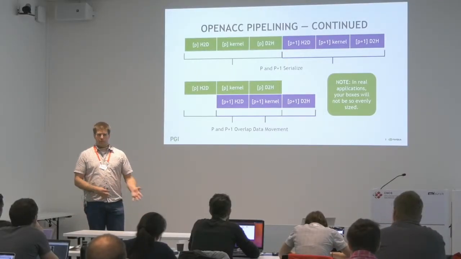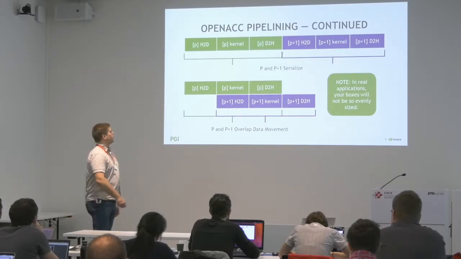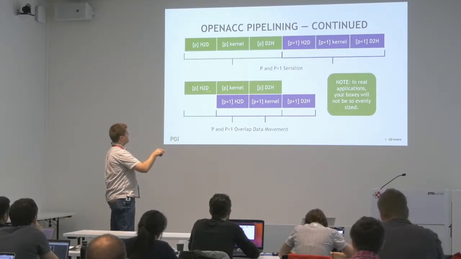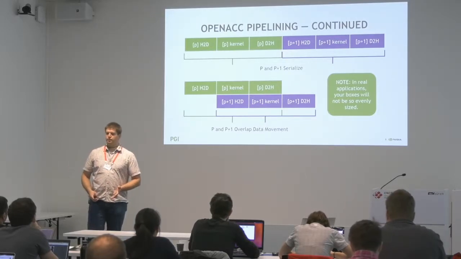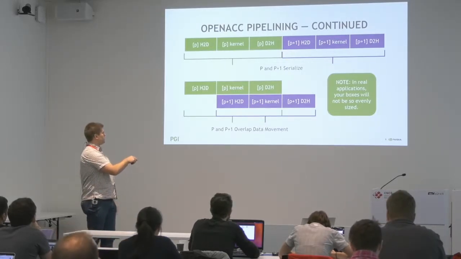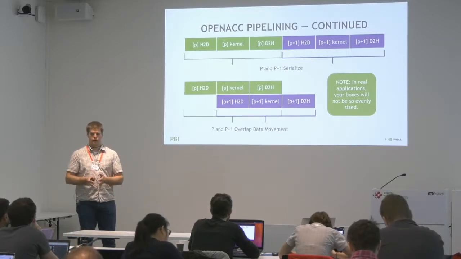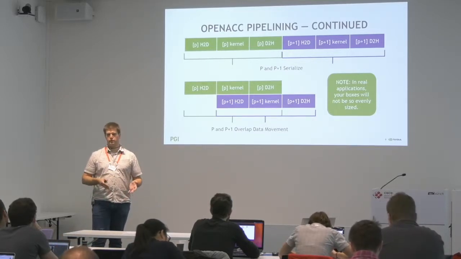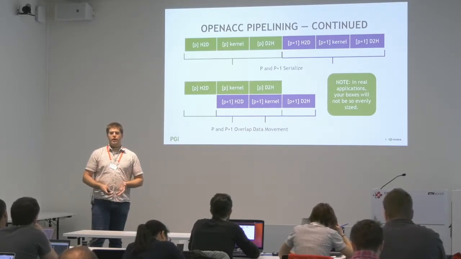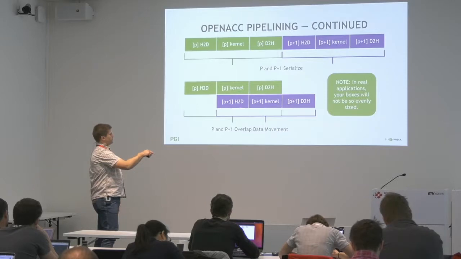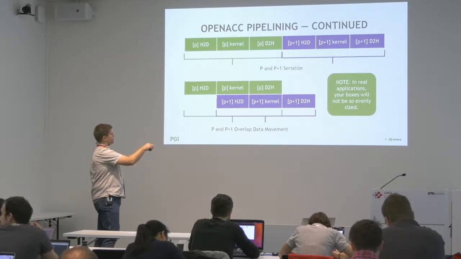In a real application, of course, these panels or these blocks here are not all equal size. Your transfers could be much larger than the kernels. They could take much more time than the kernels if you're copying a lot of data but don't do a lot of work on them. And these things could also shift. It doesn't mean that there has to be a synchronization here.